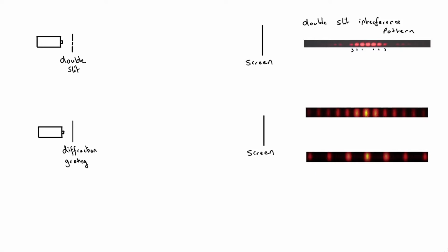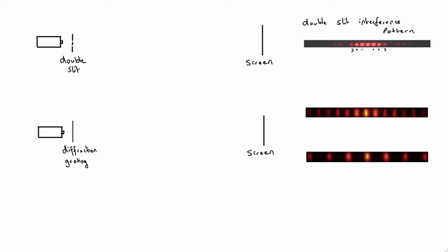So with a diffraction grating we reduce the width of the slits. Now, reducing the width of the slits will increase the angle through which light is diffracted, and that will produce a pattern where the fringes are further apart, making them easier to see. Of course, if we just had a double slit and we reduced the width of those slits, we would allow less light through, and that would mean the pattern would be much fainter.